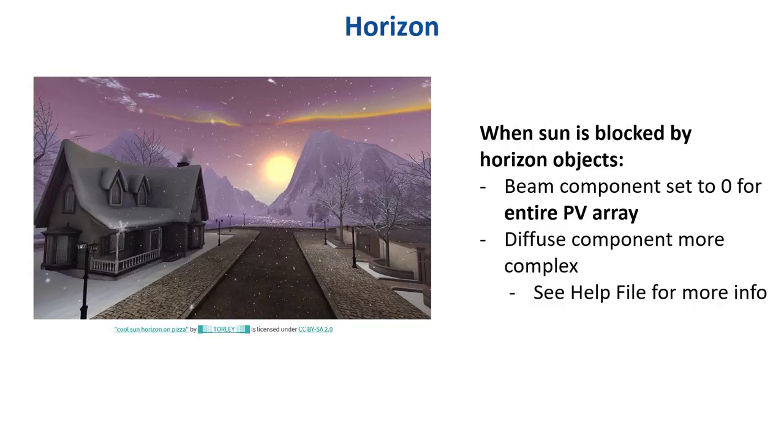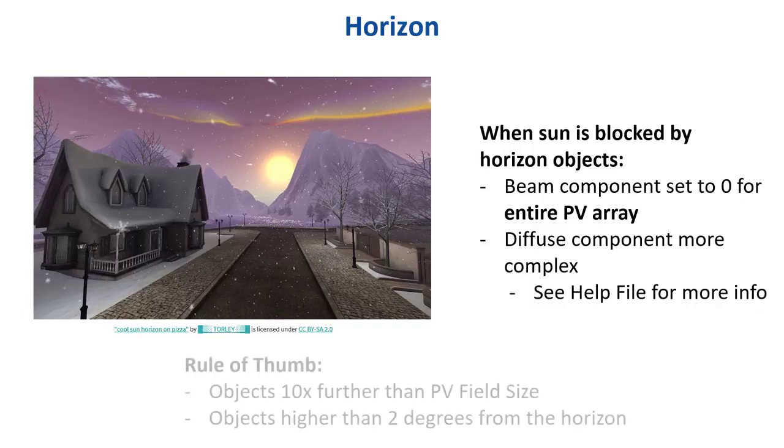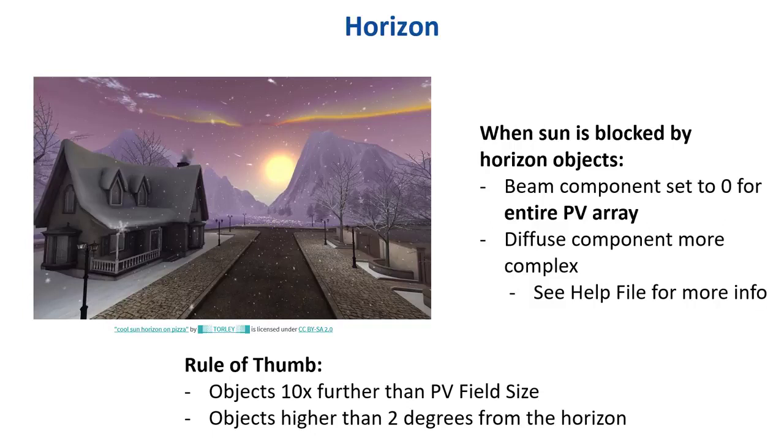The Horizon tool should only be used for objects sufficiently far away so that, at a given time, the sun may be considered present or not present on the whole PV array. A rule of thumb for using the Horizon tool is that the shading obstacles should be at least 10 times further than the PV system field size.